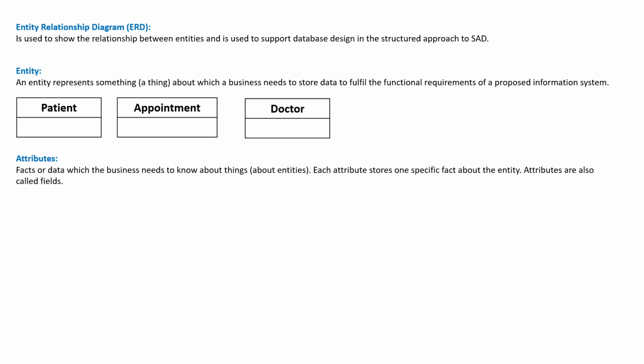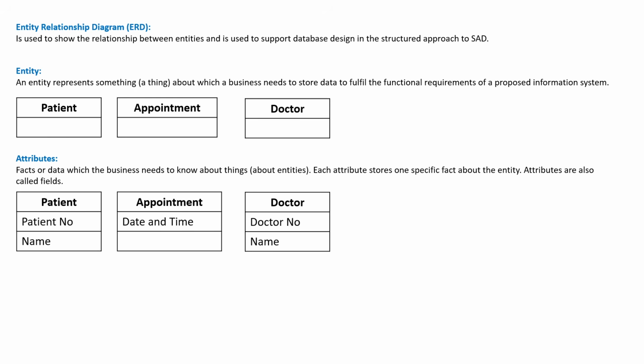So the next concept we need to look at is the attributes. This is also called fields, and this is the information or data that we want to store for each entity. So we want to store specific information for a patient, about an appointment, and about a doctor.